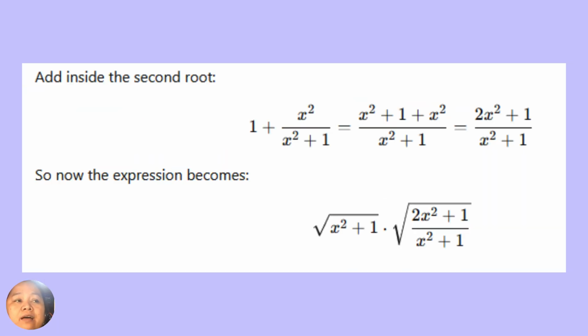Since we have a mixed expression, 1 plus x squared over x squared plus 1, we will make it a single fraction. The LCD is x squared plus 1, so the 1 becomes x squared plus 1, added to the x squared. Then we combine like terms to get 2x squared plus 1 over x squared plus 1. Now the expression becomes the square root of x squared plus 1 times the square root of 2x squared plus 1 over x squared plus 1.